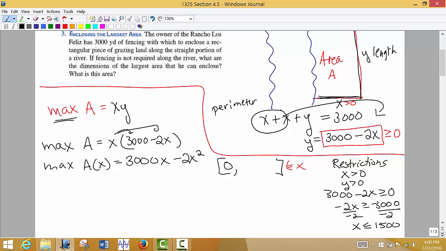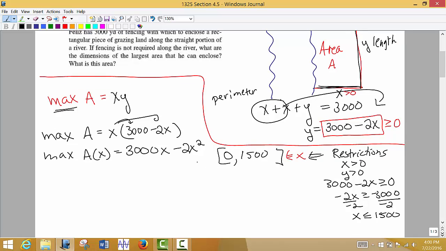That's the maximum that x can be. So our boundary, keeping all of those values positive, means that our boundary for x has to be 0 to 1500, and it can't be anything outside of those boundaries. What we're doing here is getting restrictions on x because our equation is in terms of only x.